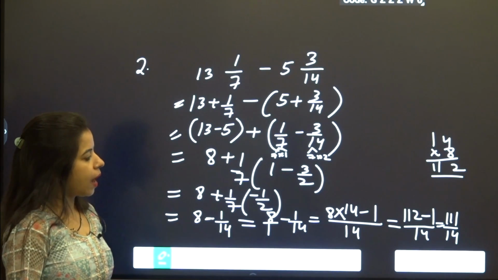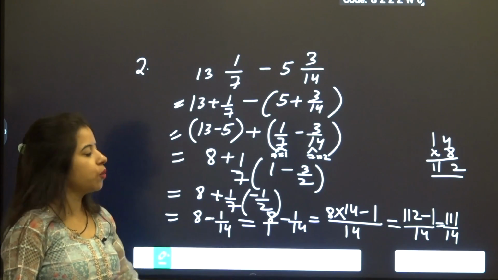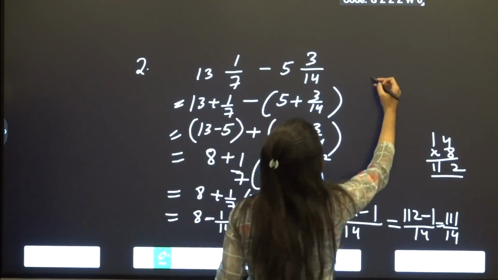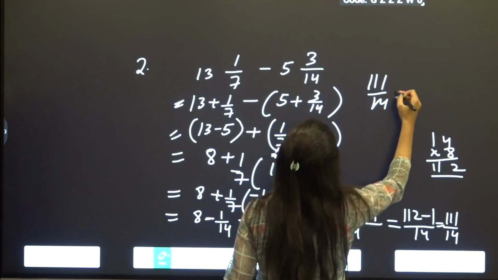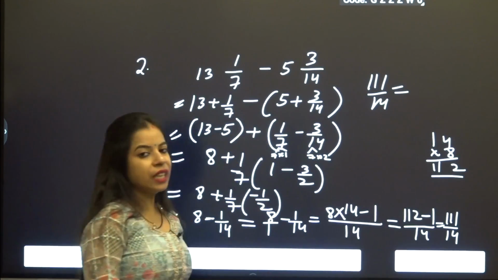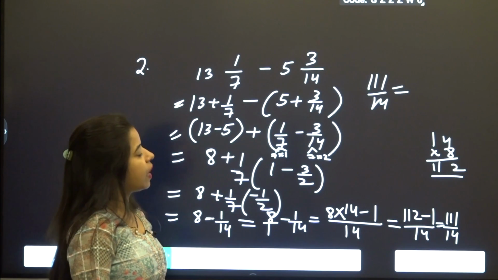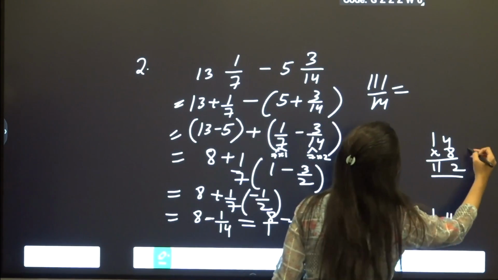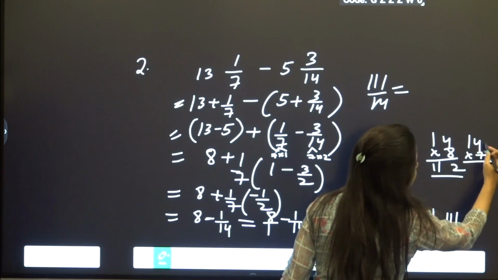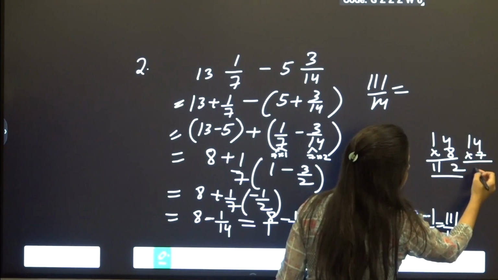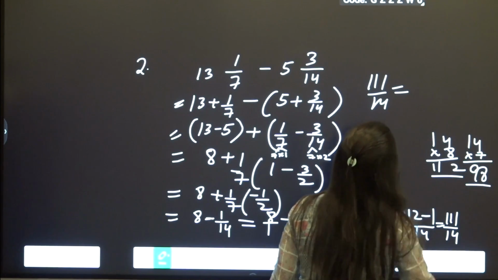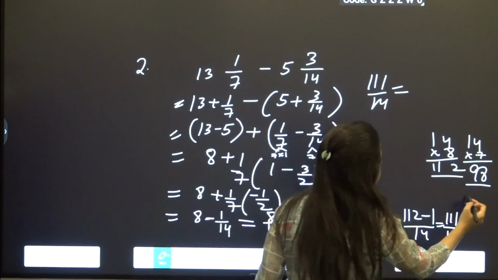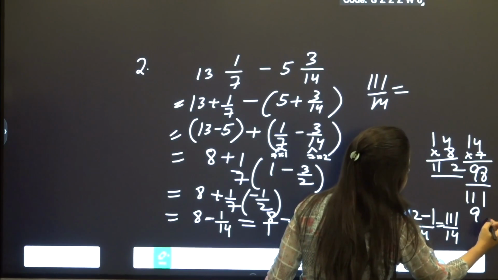Okay, and this again you can write as a mixed fraction. So 111 by 14, 14 into 7, that will be, 14 into 7 will be what? See, 14 into 7 will be 98. And what is the difference of 111 and 98?